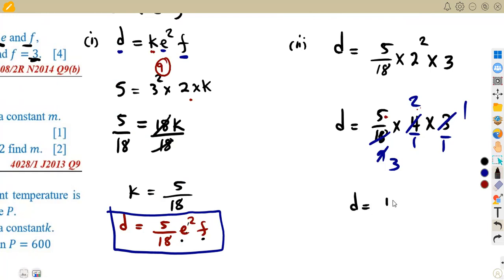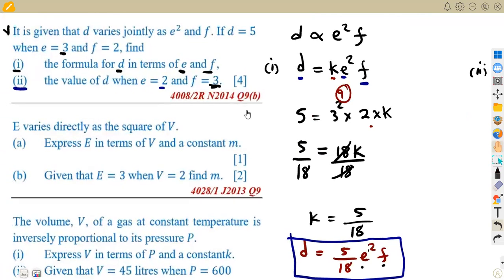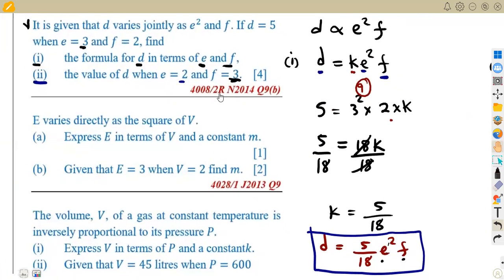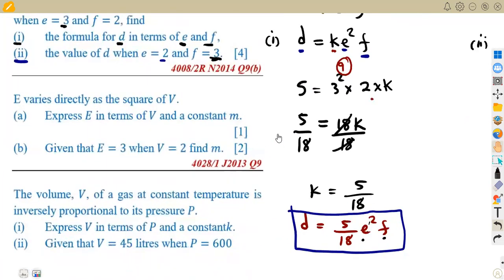So D is going to end up as 10 over 3, or you can write it as 3 and a third. If you divide 3 into 10, that is 3, remainder 1 over 3, which is 3 and a third, or 3.333 and so on. This is paper 2, so you can even write it as a decimal. All right, so that was it on this question, joint variation.